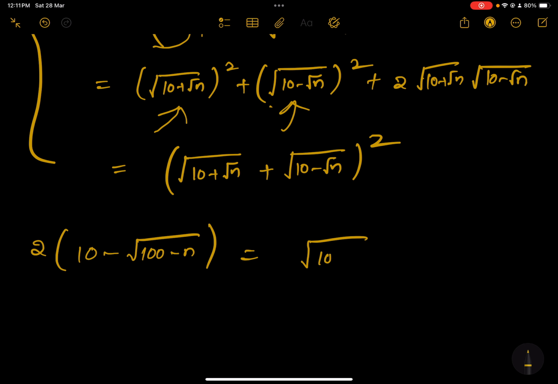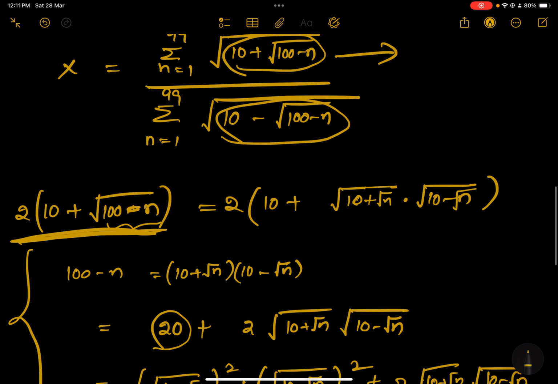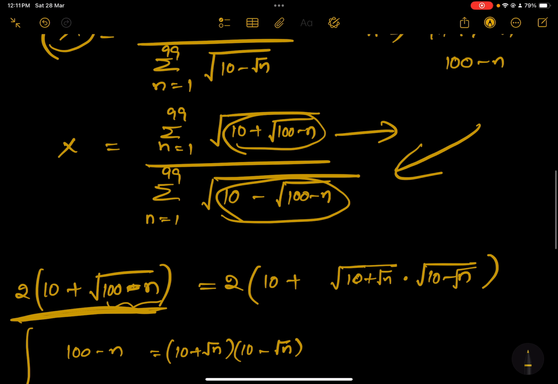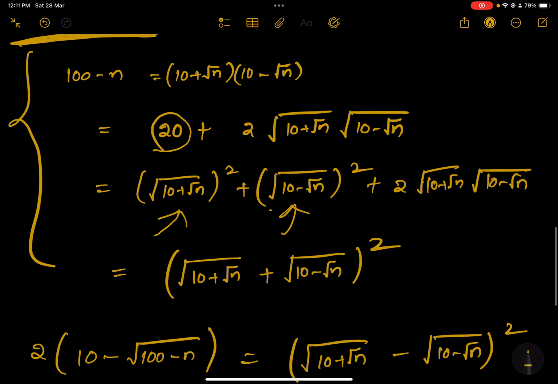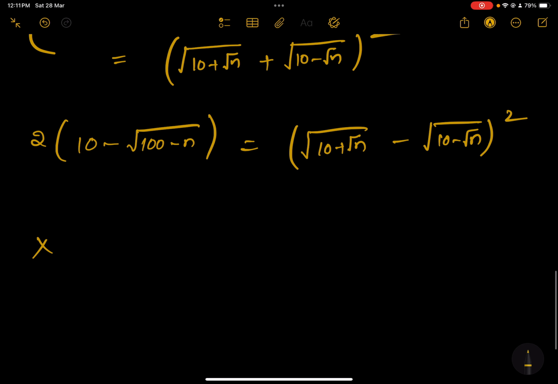So this is simply root of 10 plus root n minus square root of 10 minus root n, whole square. So now let us substitute those things into these expressions. So x is equal to the summation n equals 1 to 99.